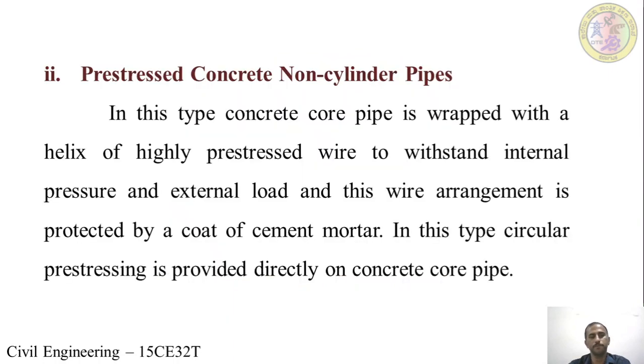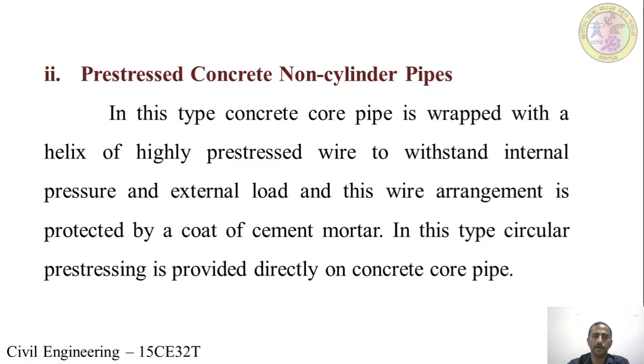Second one is pre-stressed concrete non-cylinder pipes. The difference between pre-stressed concrete cylinder pipes and non-cylinder pipes is the absence of sheet metal around the inner concrete core. Except that, all remaining procedure is same.